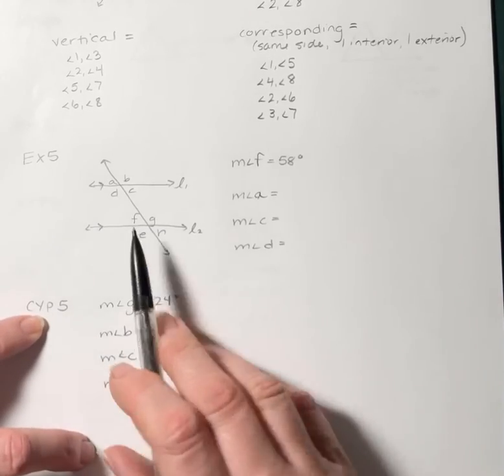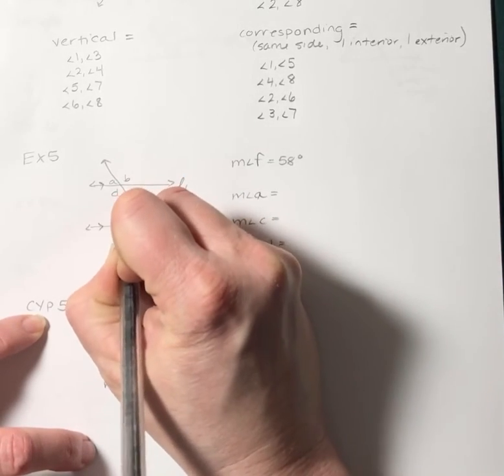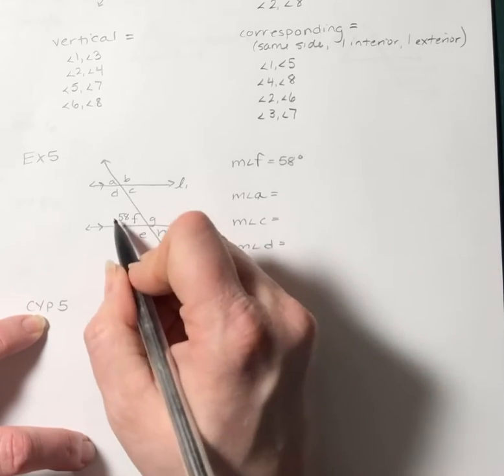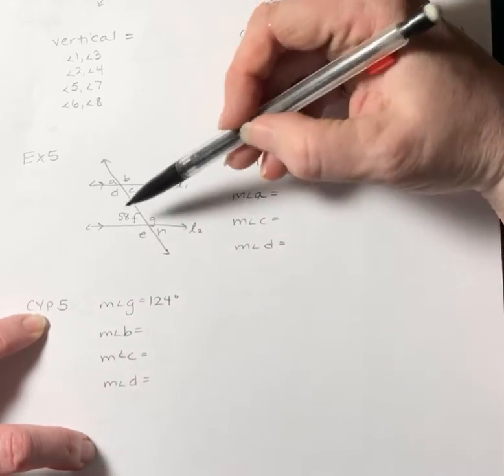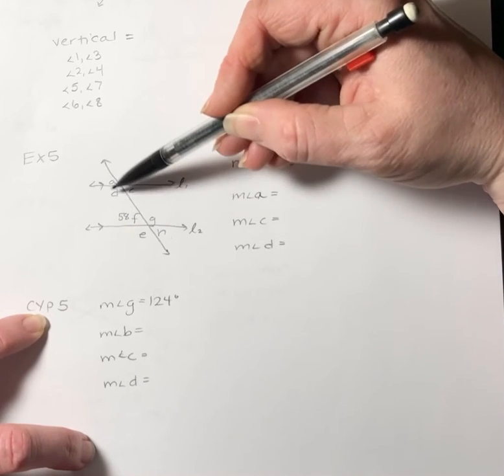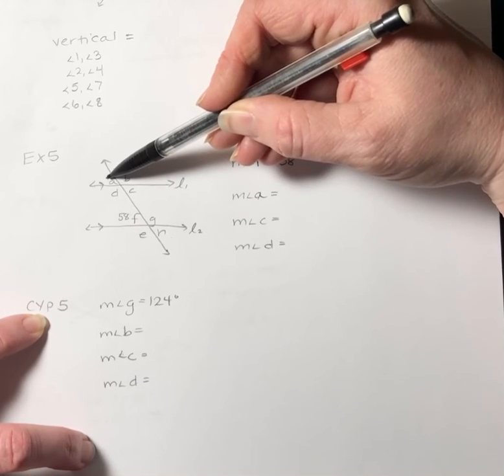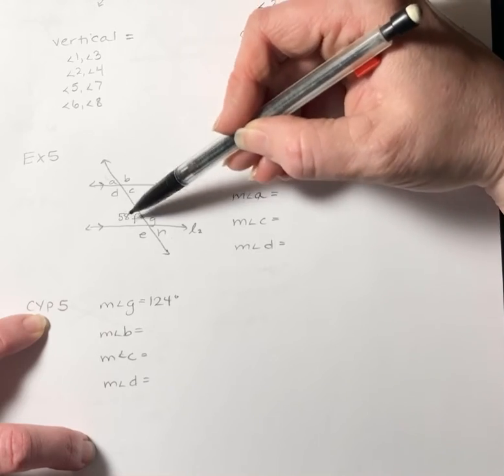So if angle F is 58, that means that angle H is also 58. That means that angle A is 58, because A and F are corresponding angles.